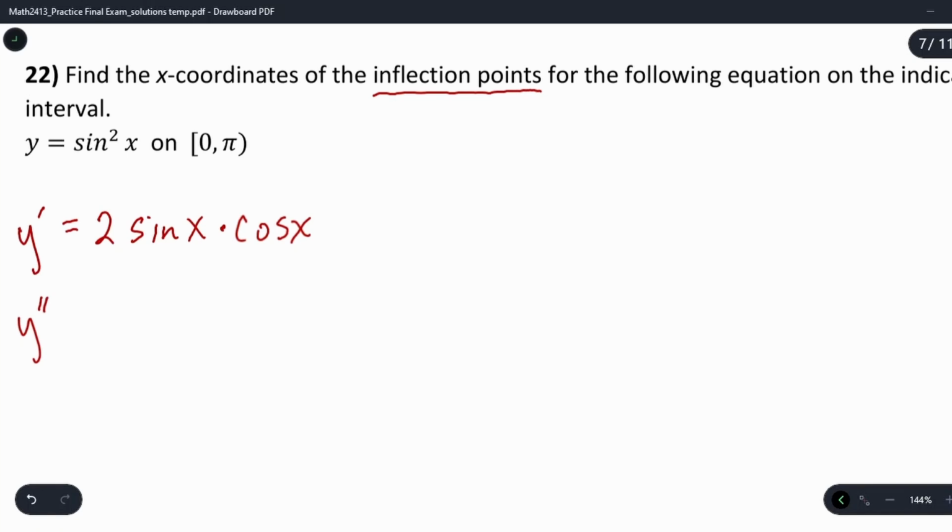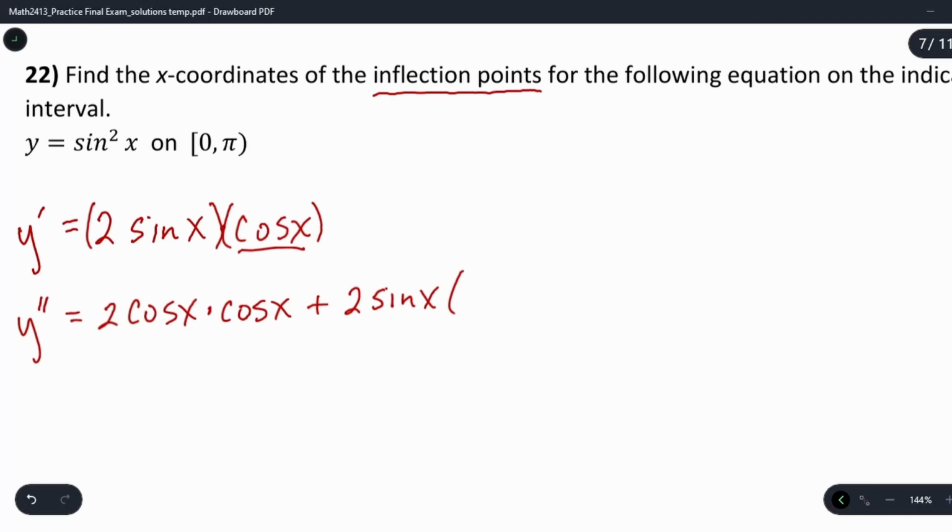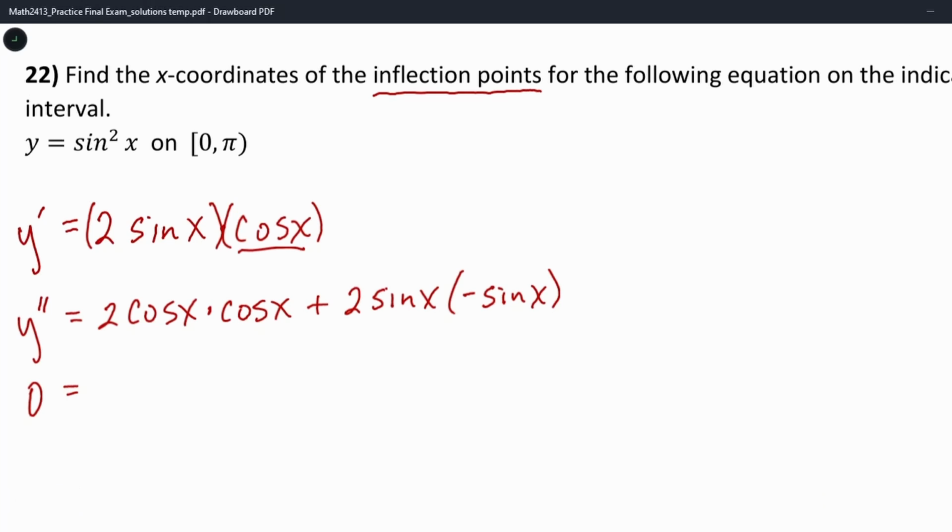And then to find the second derivative, we're going to need to use the product rule. So we've got the derivative of the first. The derivative of sine is cosine x times the second, plus the first times the derivative of the second. The derivative of cosine is negative sine x. And then we need to set that second derivative equal to 0 and solve for x.